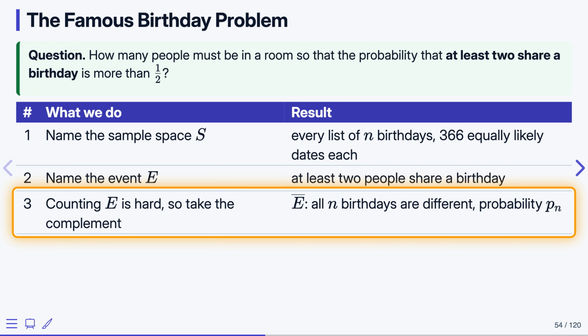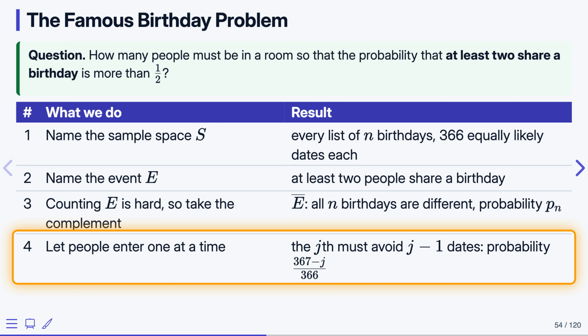Let p sub n be the probability that all n birthdays are different. Step 4. Imagine people walking into the room one at a time. The second person must avoid one date, so the probability is 365 over 366. The third must avoid 2 dates, so 364 over 366. In general, person J must avoid J minus 1 dates.